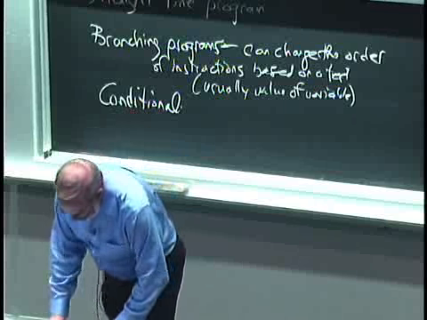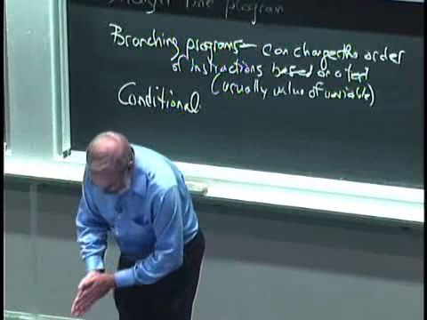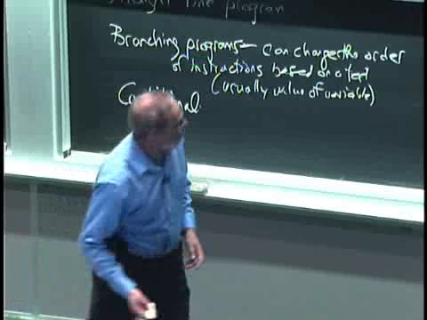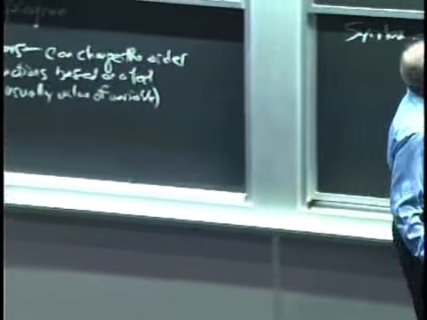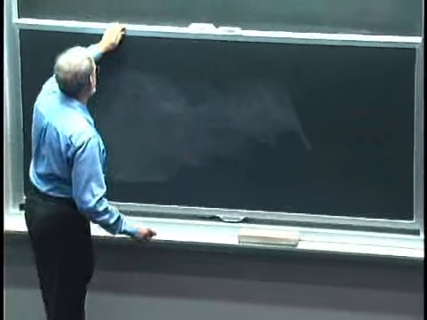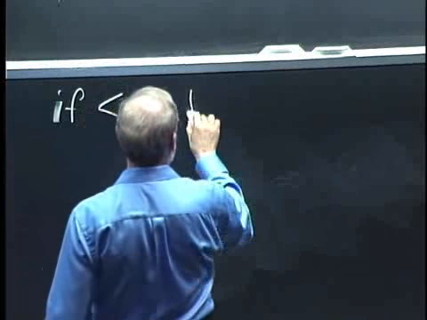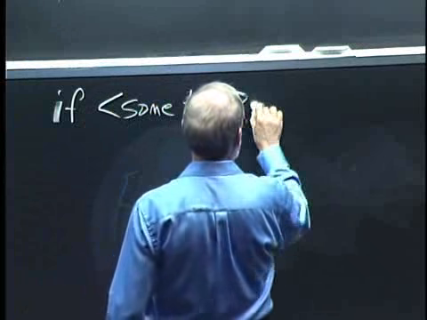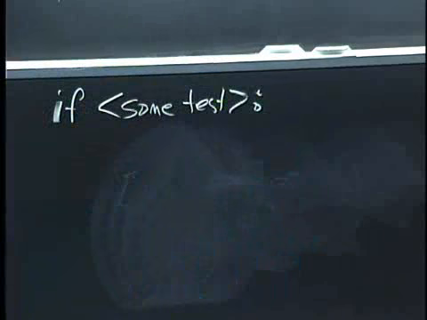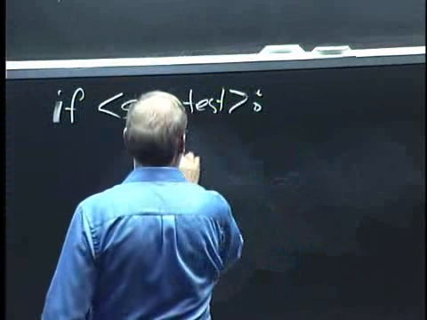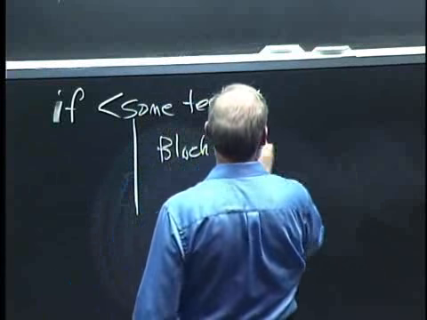Okay. Now, having done that, I want to stress this idea, and I'm going to write it out one more time, that there's a particular format here. So we have if, and that is followed by, and I'm going to use angle braces here just to indicate something goes in here, some test followed by a colon. That is followed by a block of instructions.